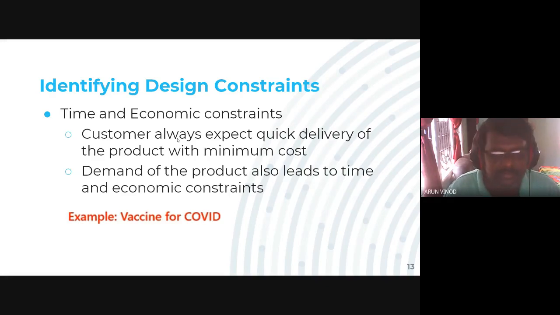Now the vaccine is not available, so we have to produce it. We are waiting for the raw material. Likewise, the demand of the product also leads to time and economic constraints. Because of that, the overall budget of the particular product may increase. Okay, so time and economic constraints are a major thing playing a role while designing the product, right?